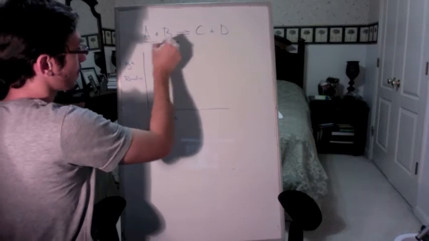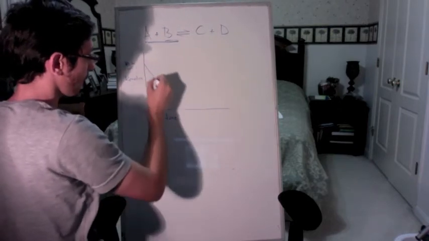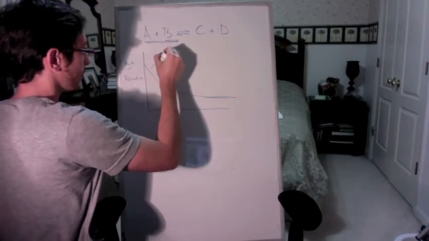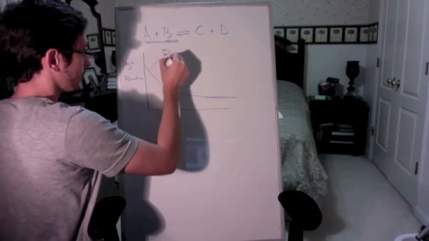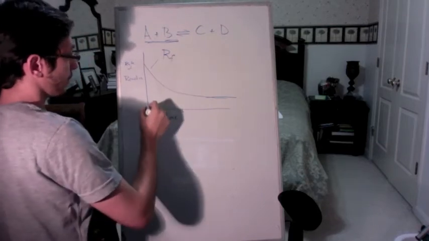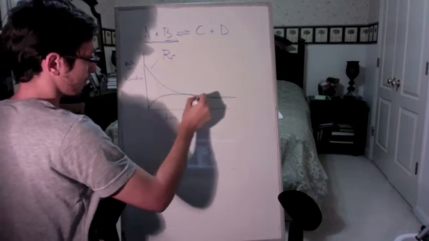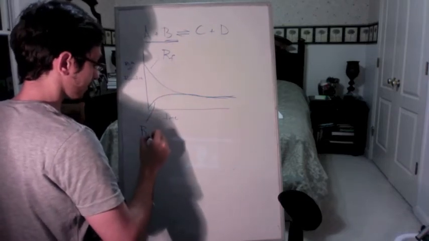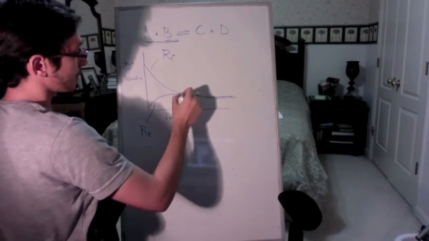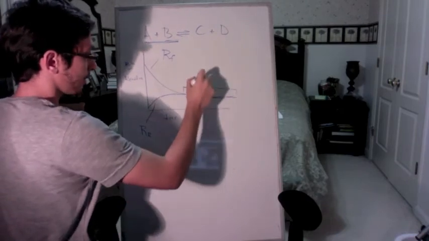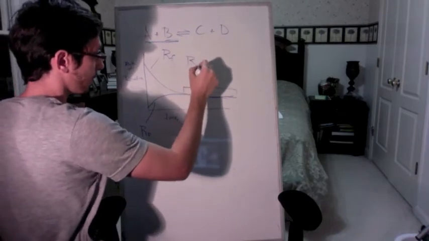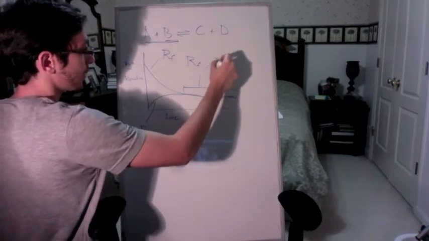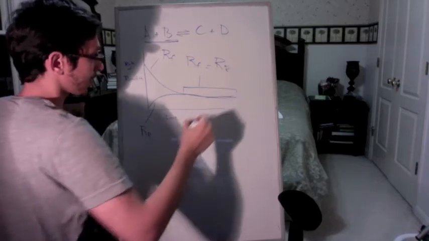Looking at the forward reaction, we'll say it proceeds as such, and we'll label it reaction forward. And we have the reverse reaction, which we'll label reaction reverse. And so right here we see that the rate of the forward reaction equals the rate of the reverse reaction.